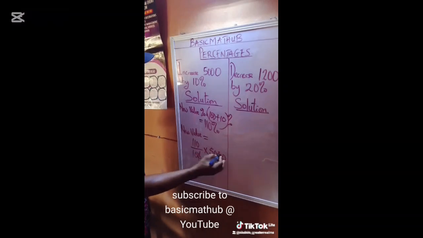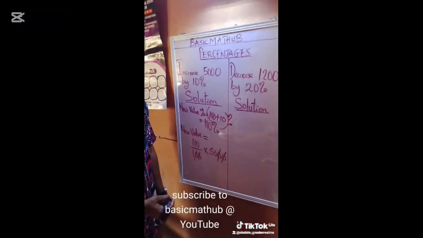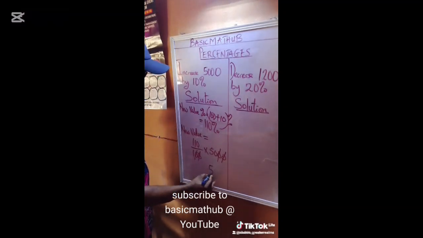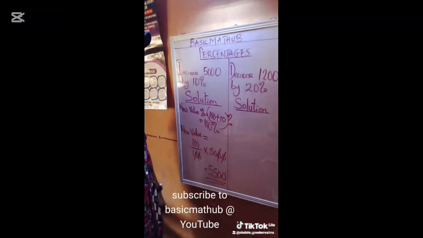So 0 cancels 0, 0 cancels 0. We are left with 110 times 50, and that should give us 5,500. So that's the new value when we increase 5,000 by 10%.